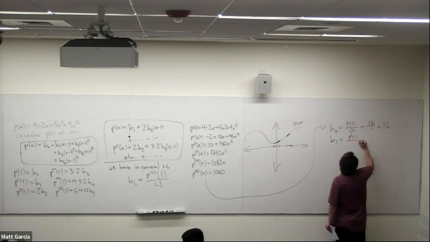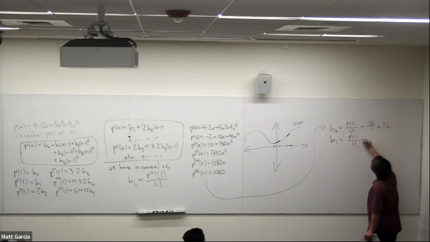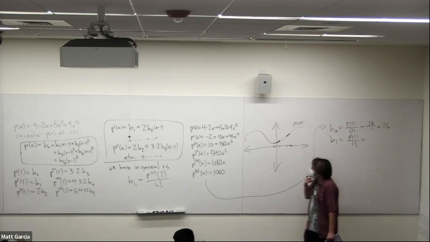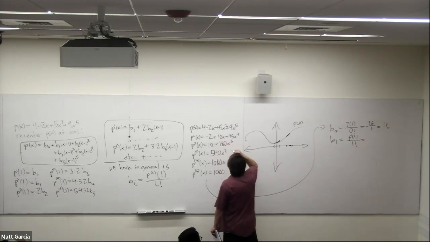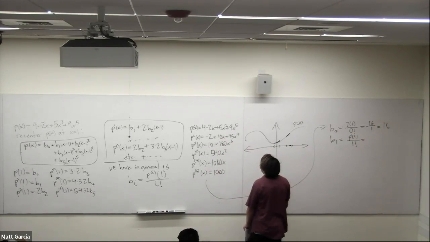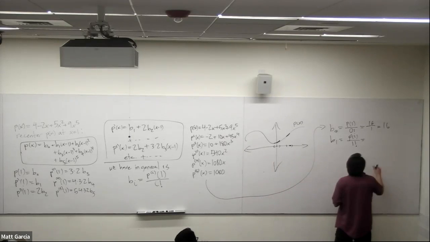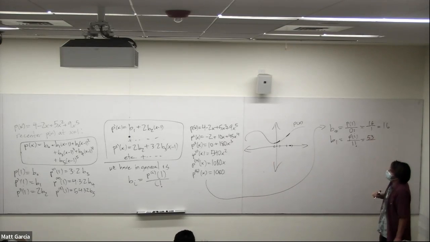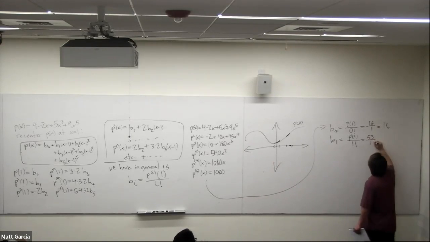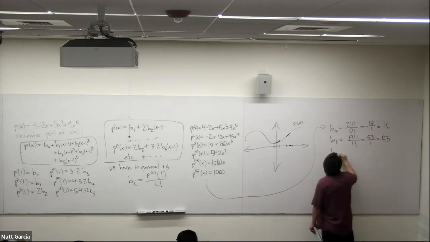So now I evaluate the derivative of p at 1 and divide by 1 factorial. What's the derivative of p evaluated at 1? Get a -2 plus 10 is 8 plus 45 gives me a grand total of 53. What's 1 factorial? 1. And 2.